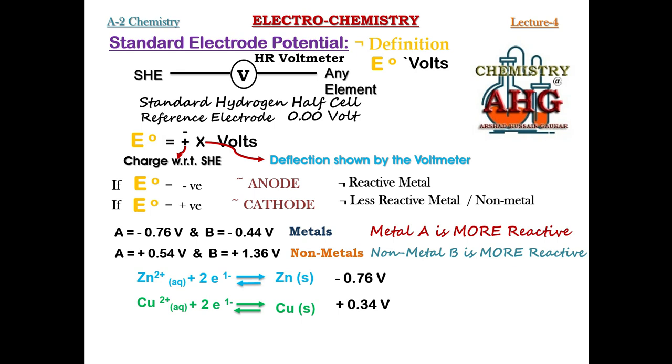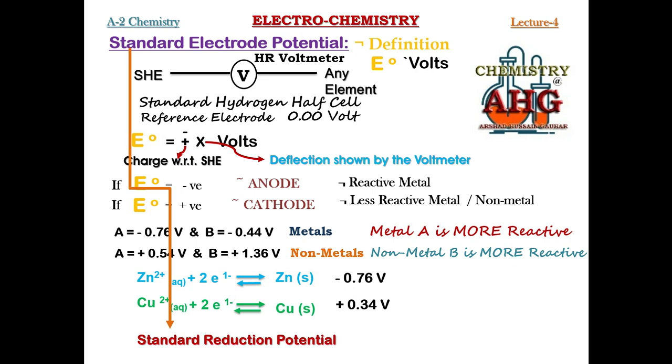What does this mean? Whenever standard electrode potentials are available to you, they are always available for the process of reduction. That is why standard electrode potential, sometimes commonly they can also be known as standard reduction potential. There is no reason except conventionally we are doing like this.